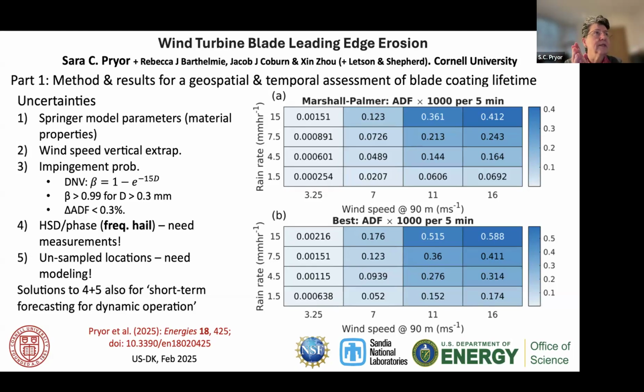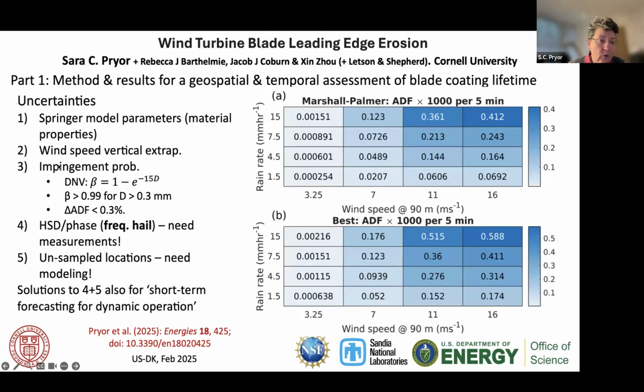But our argument is that can lift up or suppress all coating lifetimes in space, but it doesn't have a big effect on the gradient. So our hotspot areas would be maintained. We are vertically extrapolating the wind speed. Again, it's important to the absolute values, but not the gradients.